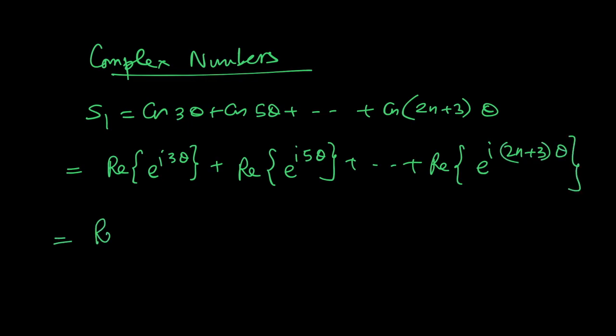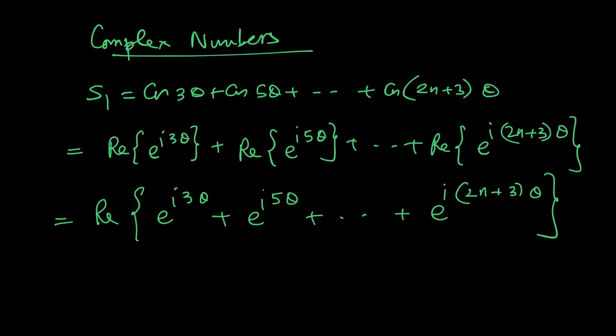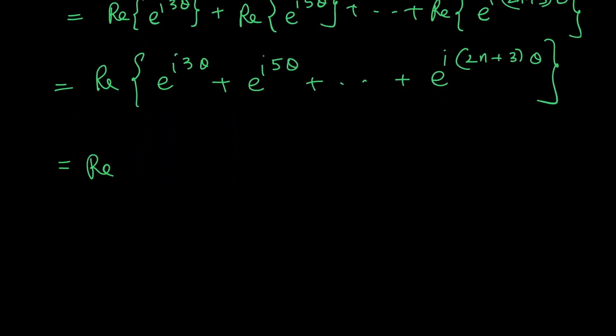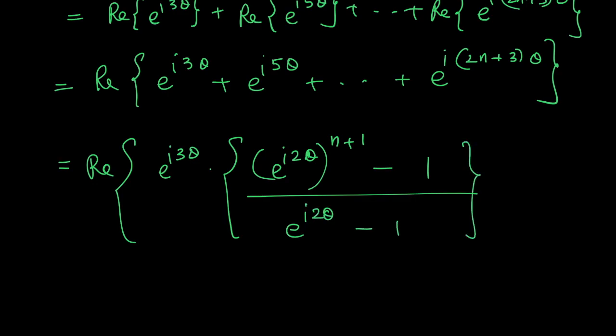So this is going to be a real part of e raised to i 3 theta plus e raised to i 5 theta plus up to e raised to i into 2n plus 3 theta. Now this is a GP with first term as e raised to i 3 theta, and the remaining terms will be common ratio raised to number of terms minus 1 by common ratio minus 1.